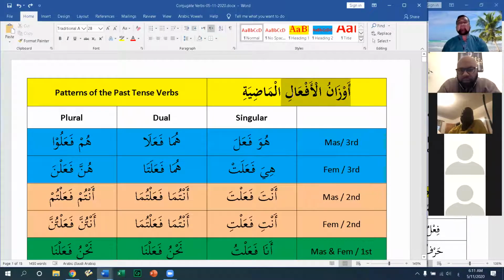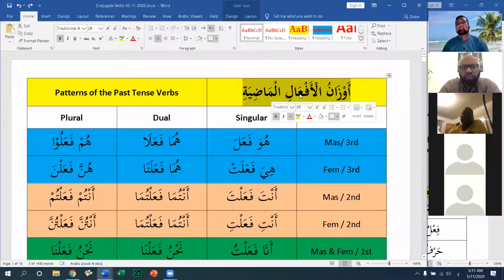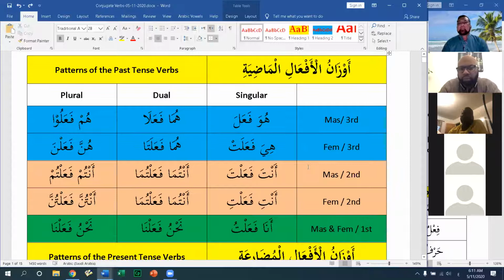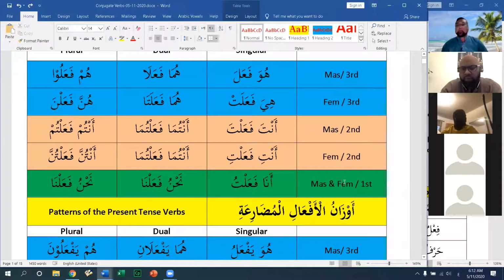So here I have أوزان الأفعال الماضية, patterns of the past tense verbs. We have masculine, third person. We have three columns: singular, dual, plural, and five rows. We have two rows for third person, masculine and feminine, two rows for second person, masculine and feminine, and one row for first person. Why?